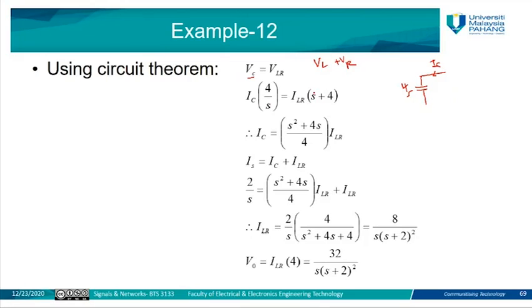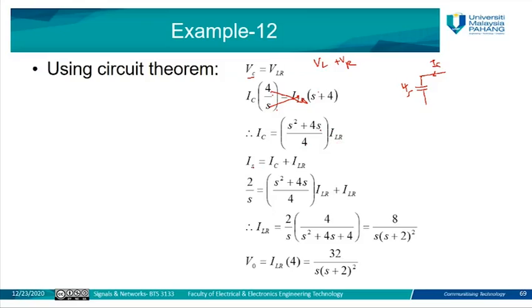This impedance value is S, this impedance value is 4. Just substitute for the value. Then we try to solve for IC. So for IC here, you are going to multiply this part by S. This part will be 4 here. So it becomes S times S, S squared, S times 4, you have 4S, and you have 4 here in the denominator, and you have the value of IL.